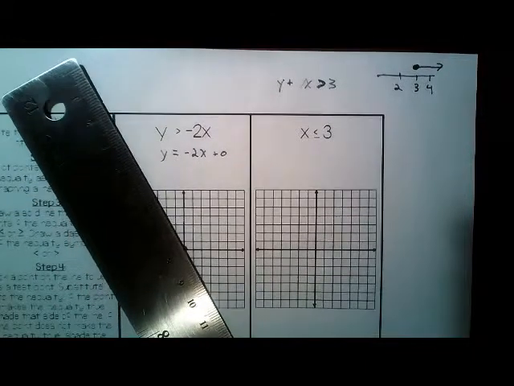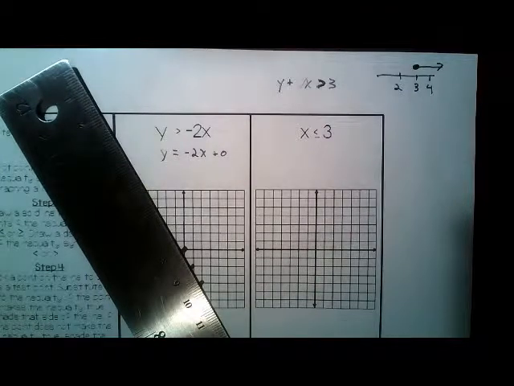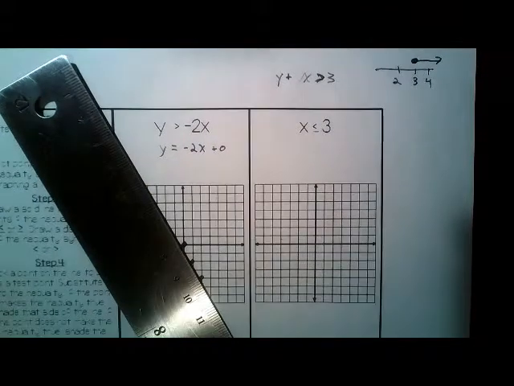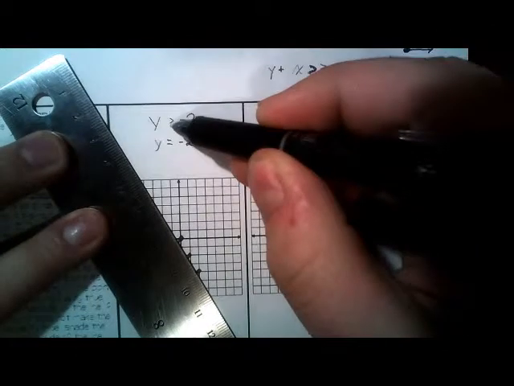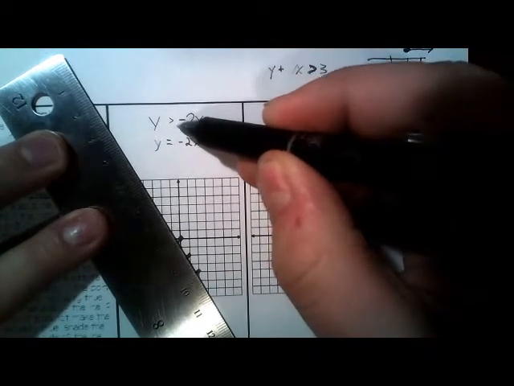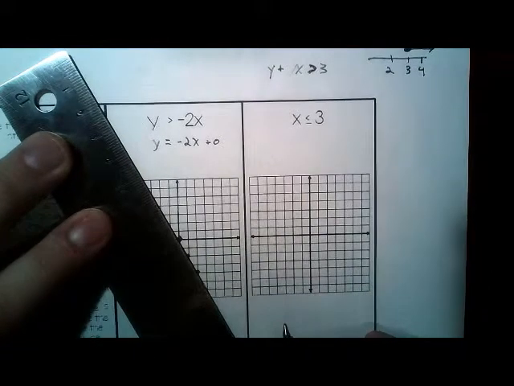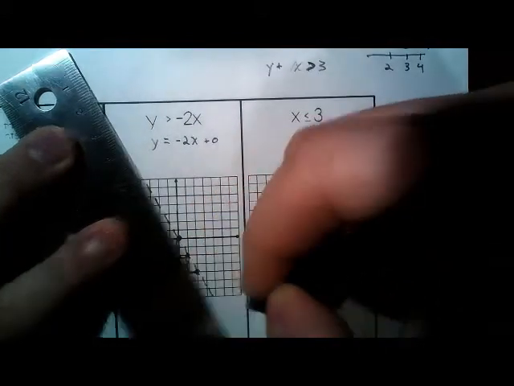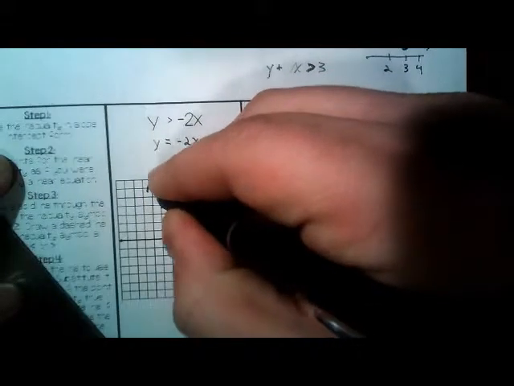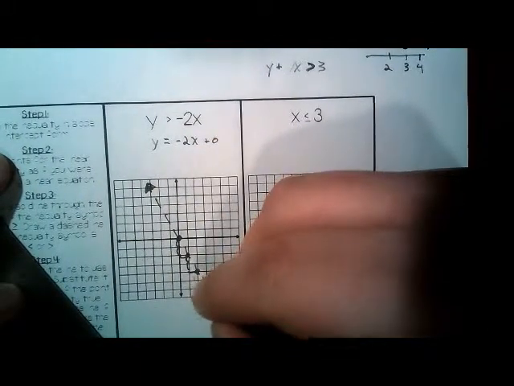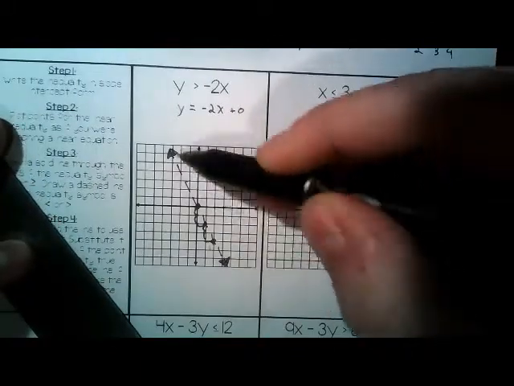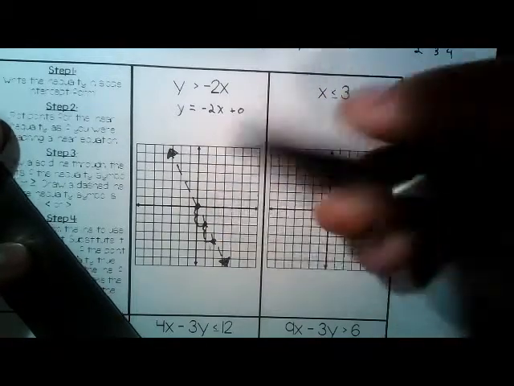So if it's or equal to, we're going to make a solid line. If it's not or equal to, this one is just greater than, there's no or equal to, then it's a dashed line. We say it's dashed because it does not include the points on that line.